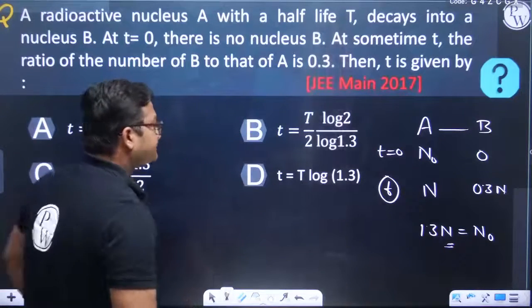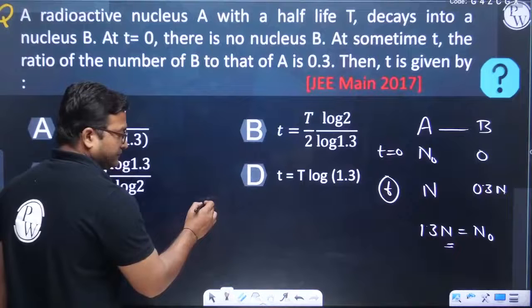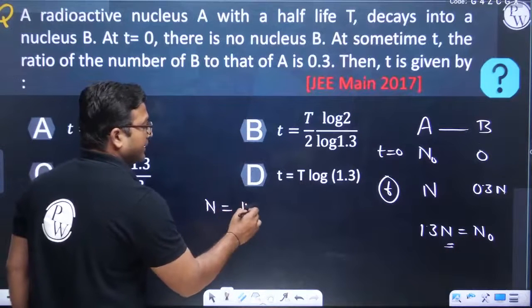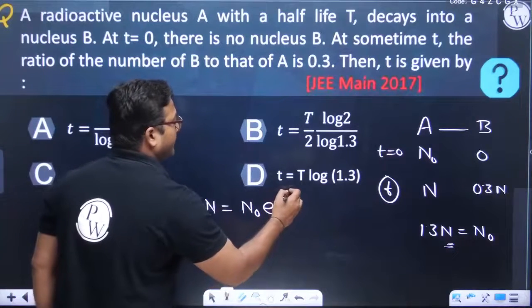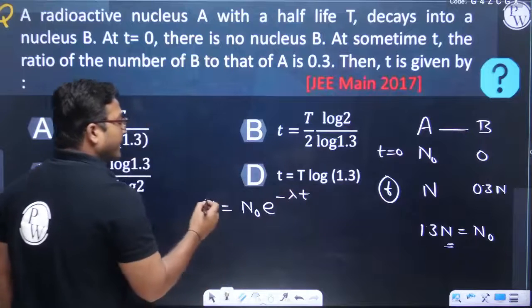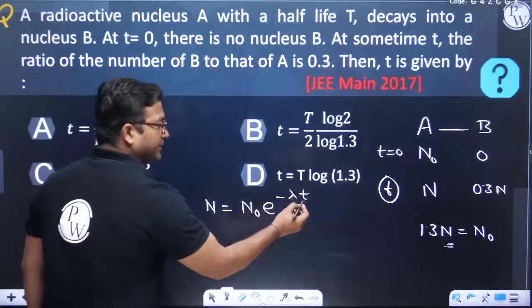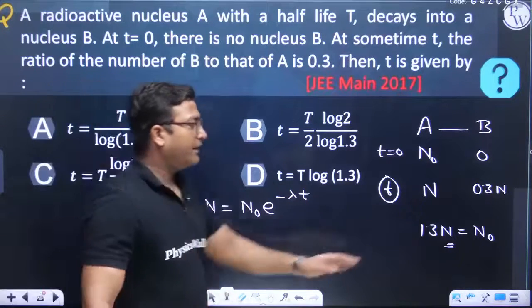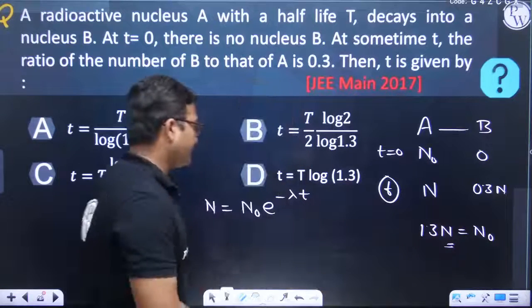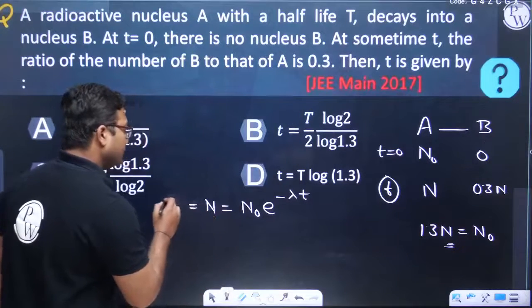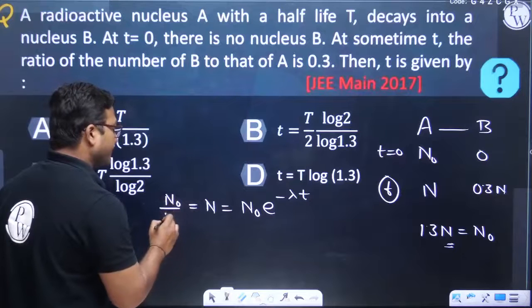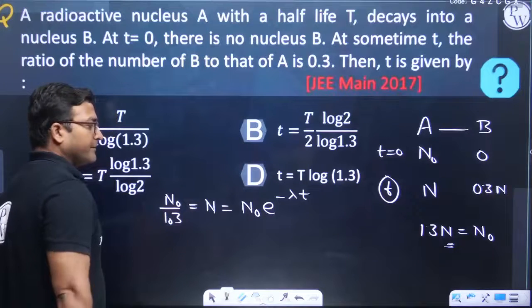Okay. So as you know, n equals n naught e to the power minus lambda t. At time t, n is n naught divided by 1.3. So n equals n naught divided by 1.3.